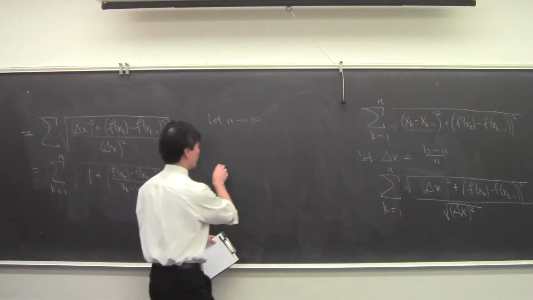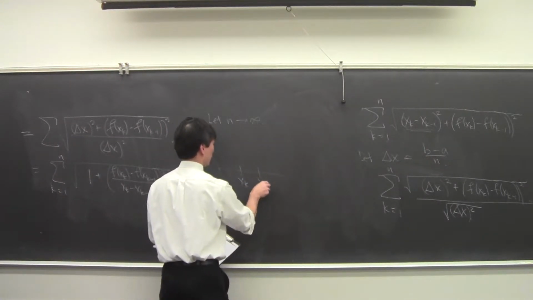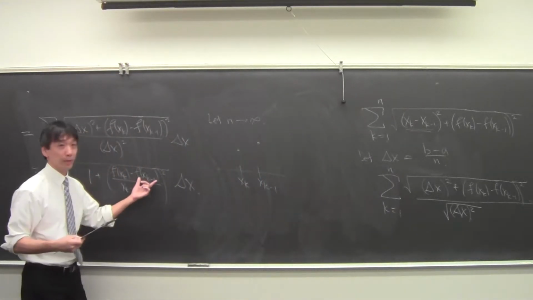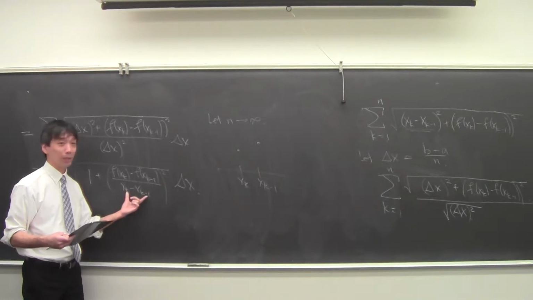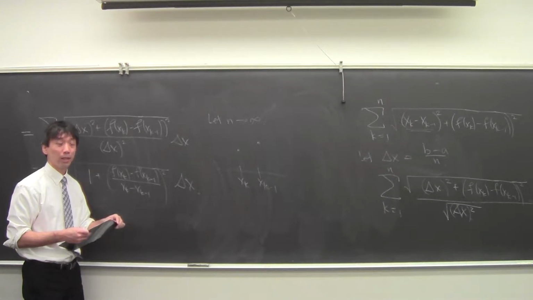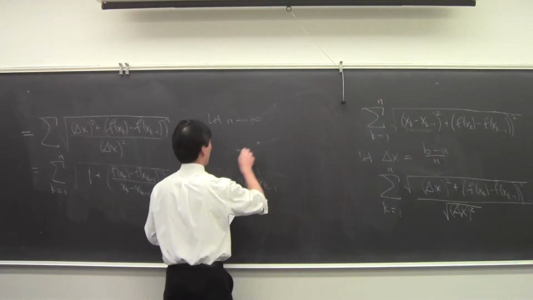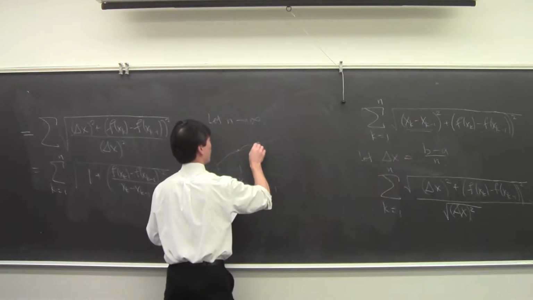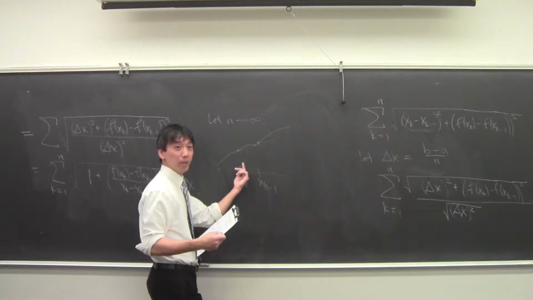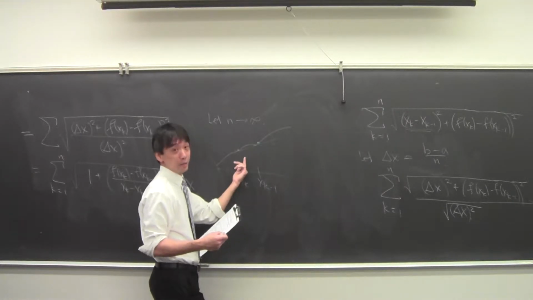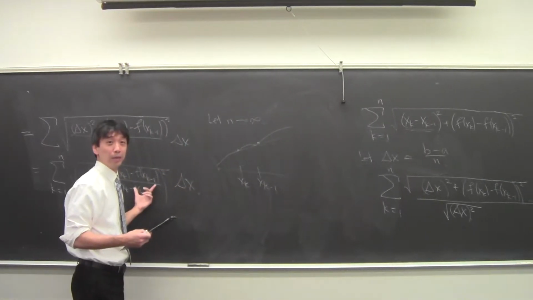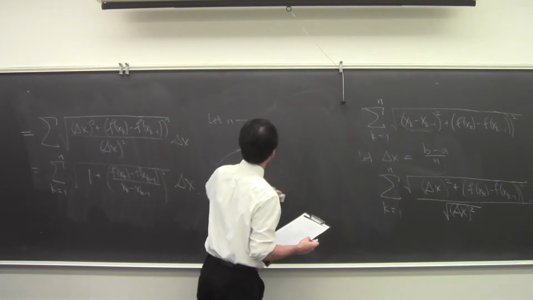You've got f of x k minus f of x k minus 1 over x k minus x k minus 1, and they're going to get infinitely close to each other. It's the slope. But when you let these become infinitely close, what are you going to get? It's the derivative, right? So you're going to get the derivative at some point.